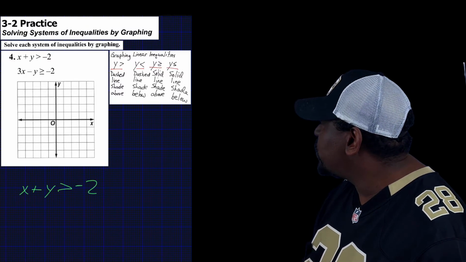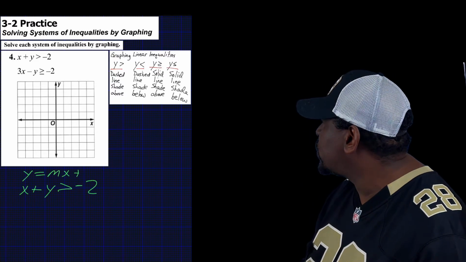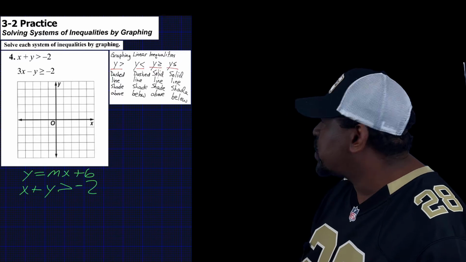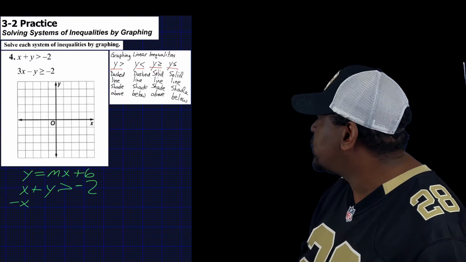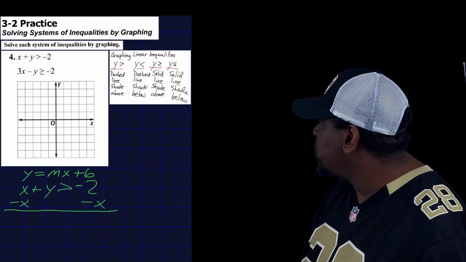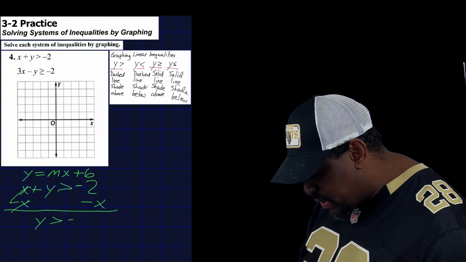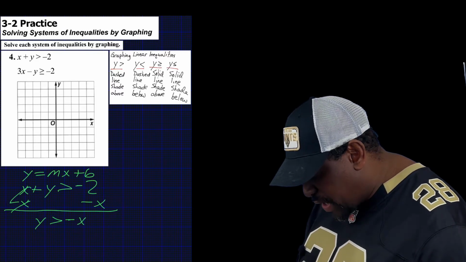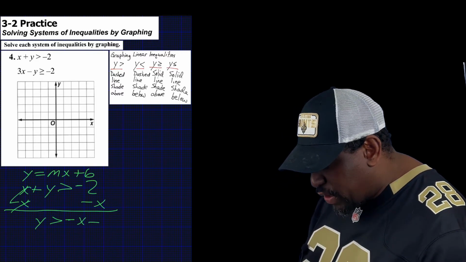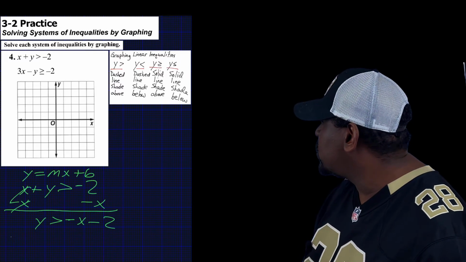So like we did in the first problem, we do each equation at a time, we graph. The first equation we have here is x plus y greater than -2. So we write our general form, y equals mx plus b. We solve for y by subtracting x from both sides. Once we do that, we will end up with y greater than -x plus -2, because our 2 is negative.